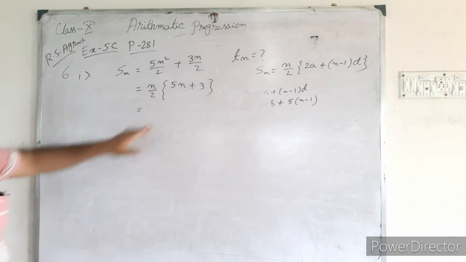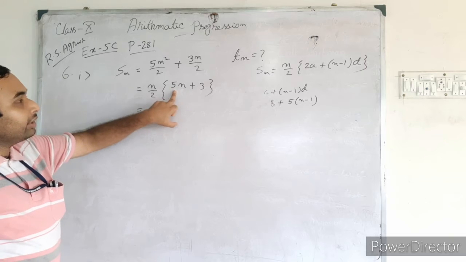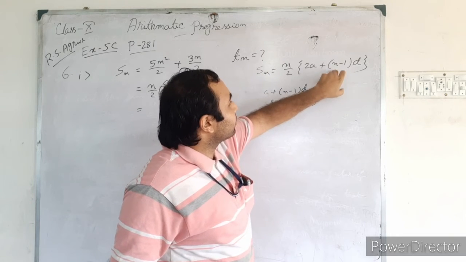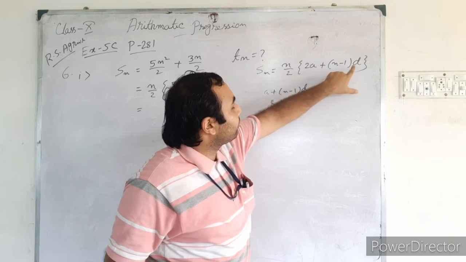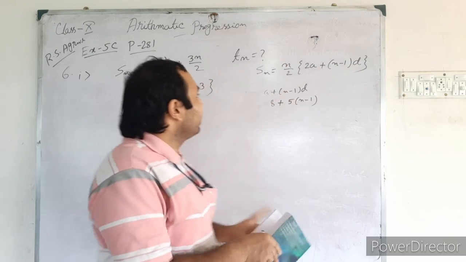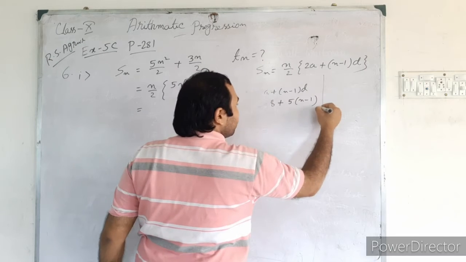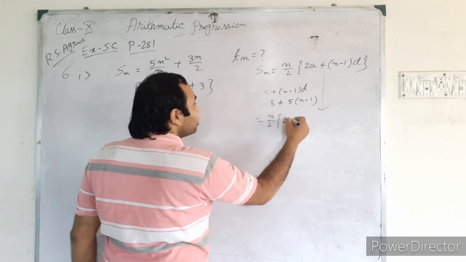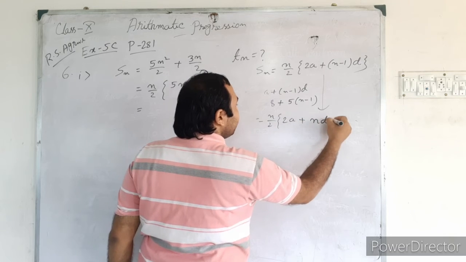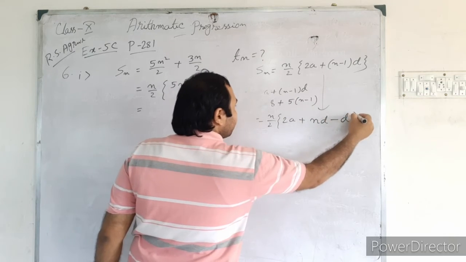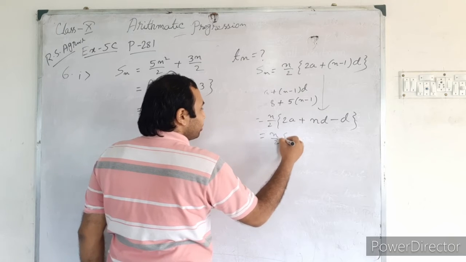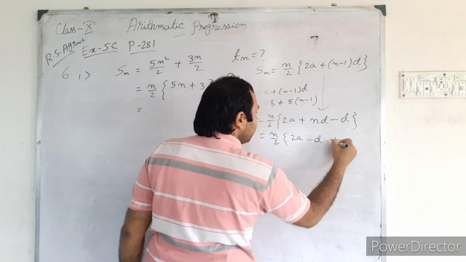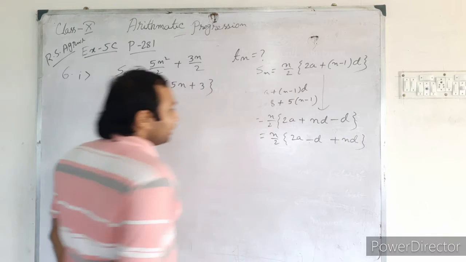Here the coefficient of n is 5. If you break this one, you will get the coefficient of n as d. If you can't understand, I am showing: n by 2, keep it as it is, 2a plus nd minus d. So now n by 2 into (2a minus d plus nd).